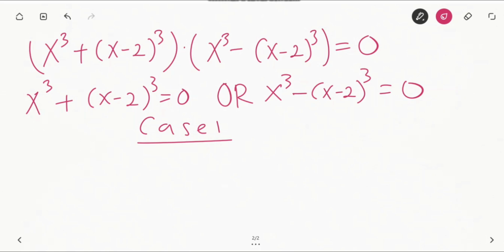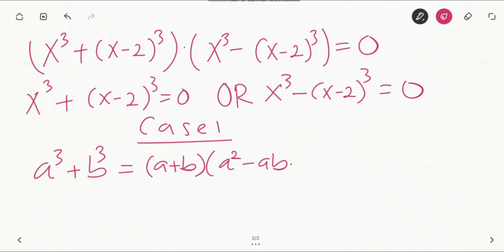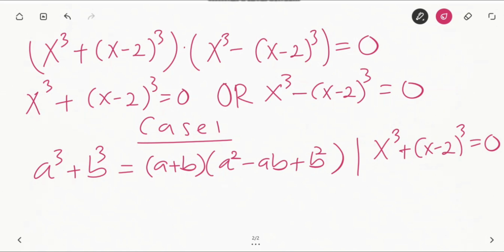Let's recall from algebraic expressions that a to the power of 3 plus b to the power of 3 always equals a plus b in parentheses, multiplied by a squared minus ab plus b squared. Comparing with x to the power of 3 plus (x minus 2) to the power of 3 equals 0, we have a equal to x and b equal to x minus 2.